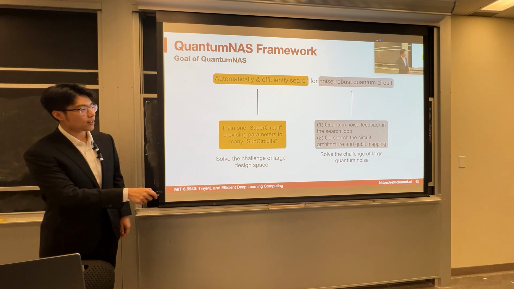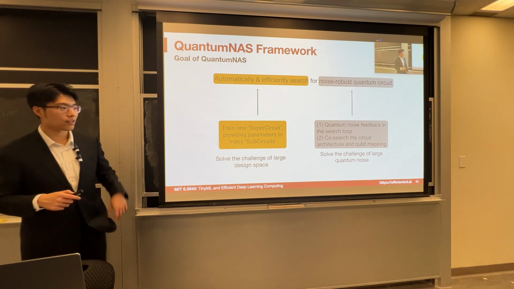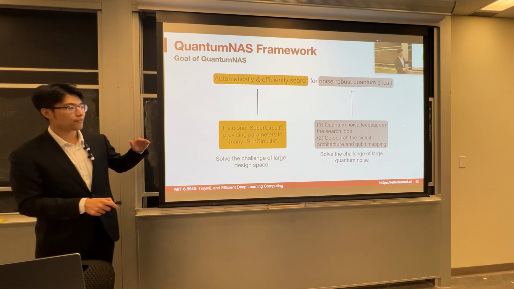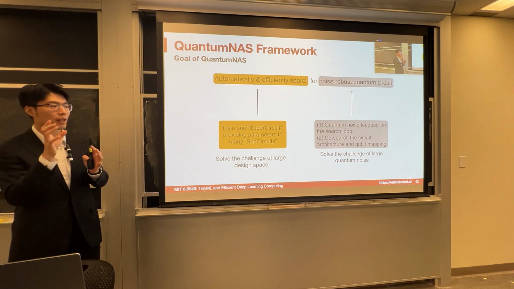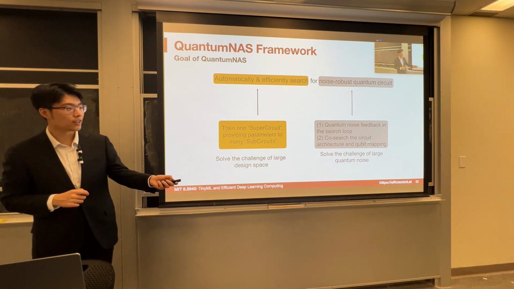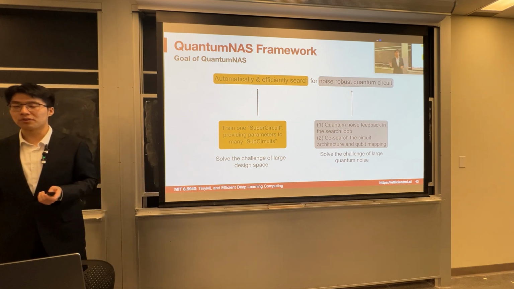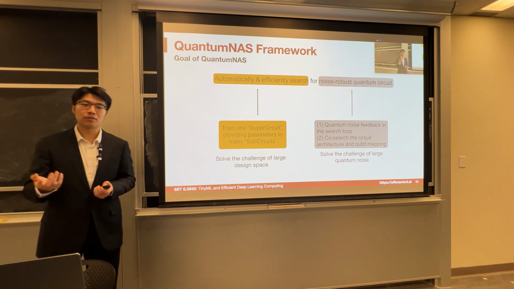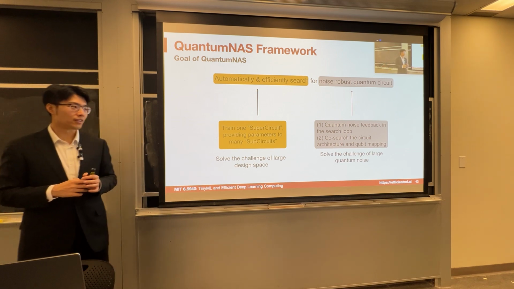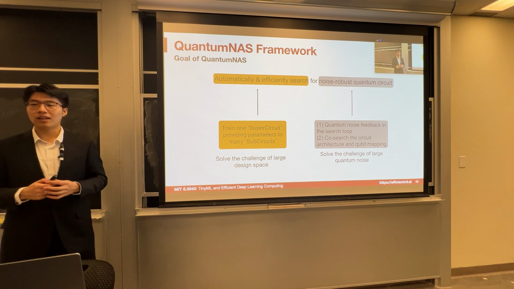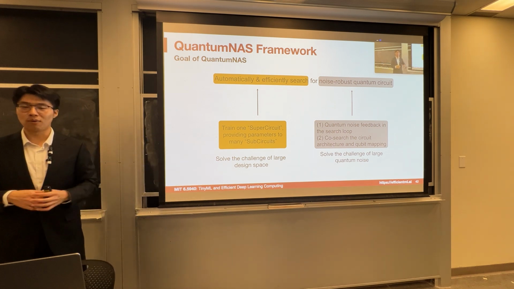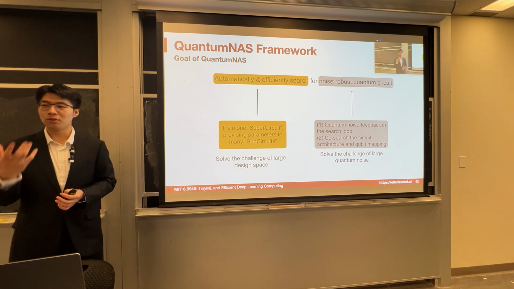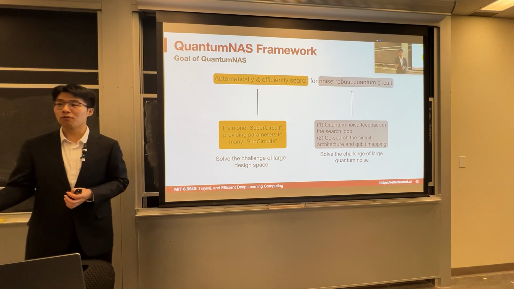Another thing is that we do some co-design across the stack. Say after we have the circuit structure, if we use a different compilation process, like assigning different physical qubits, that will also lead to different performance. In classical computing, you don't have to worry about this, because if you design a model, you can use an arbitrary H100 or A100, or just your laptop, and you expect the result to be the same.